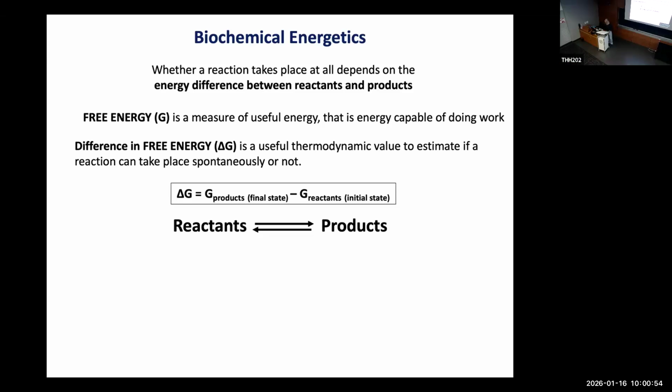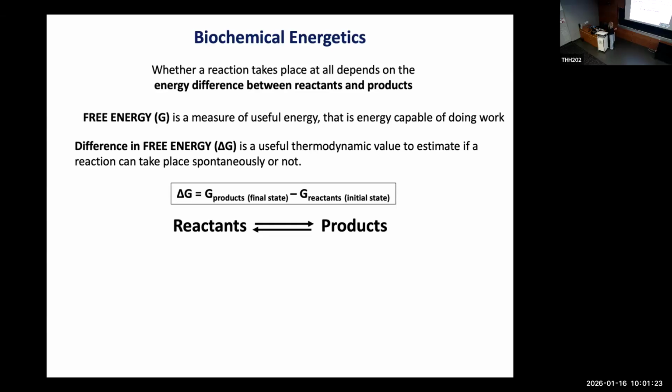The free energy is a measure of useful energy that's capable of doing work, potentially, if it is harnessed in a certain way. You can also release energy as heat, but in the cell, when reactions proceeding through metabolism release energy, usually we want to capture it so that we can use that energy to do work.